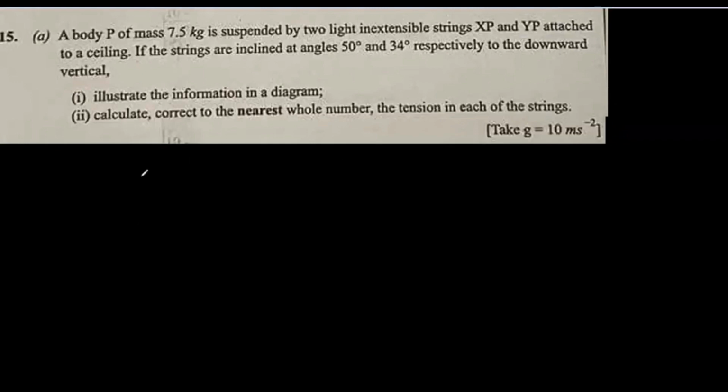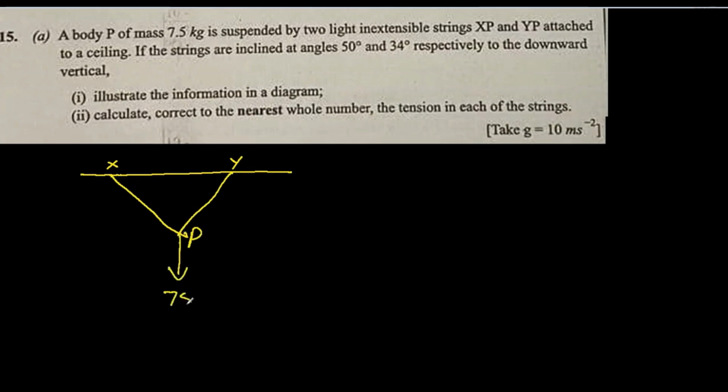15. A part. A body P of mass 7.5 kg is suspended by two light inextensible strings XP and YP. Okay, this has been a very repeated question. So we have X here, we have Y here, and say P is somewhere here. This is body P, its mass is 7.5 kg.